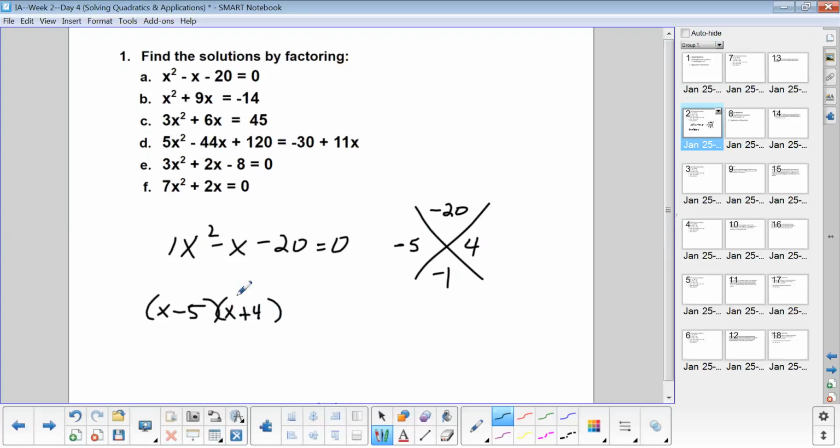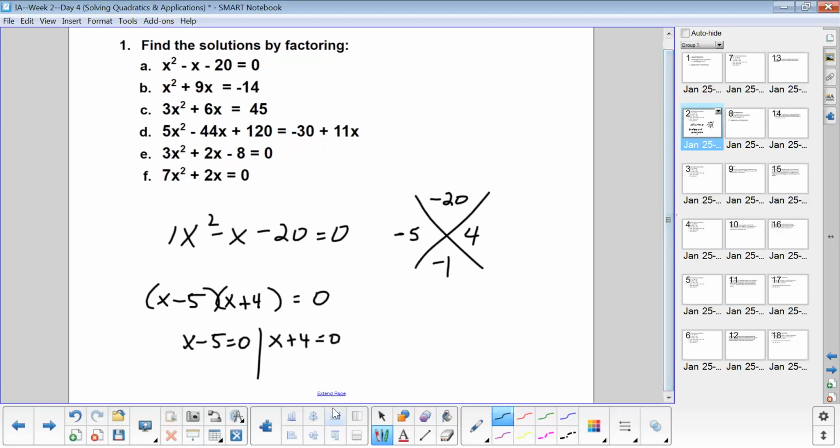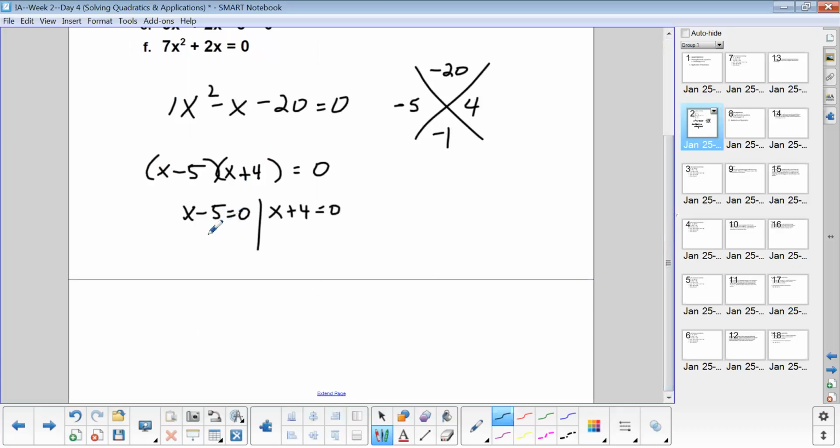Now, that's kind of where we stopped recently, but since this is an equation, what we're looking for are the values of x that make this equation equal 0. So an organization piece to continue the process is to figure out what x can be. I would take the x minus 5 factor and set it equal to 0, and the x plus 4 factor and set it equal to 0. You're just solving that simple one step.